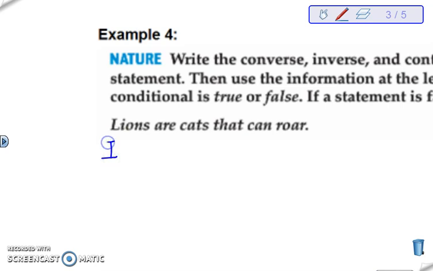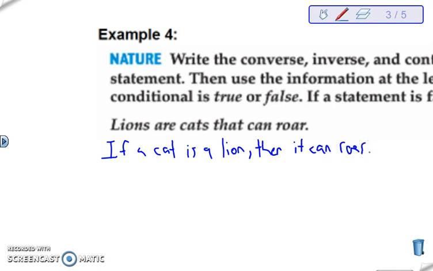And like we said, we may need to rearrange some stuff. So if a cat is a lion, then it can roar. Is that true? Yes. Lions can roar.